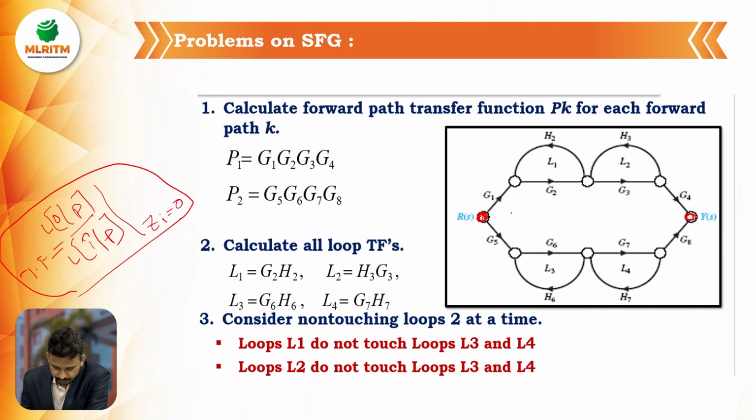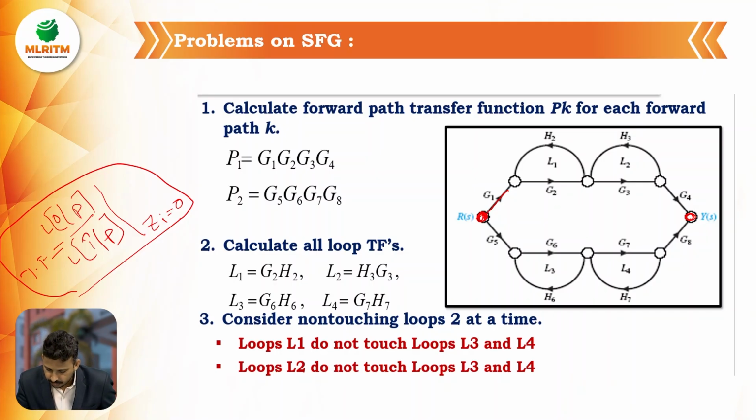So let's identify the forward paths in the given graph. See, there are two forward paths. Forward path means the signal must travel from the input node to the output node, no reverse.